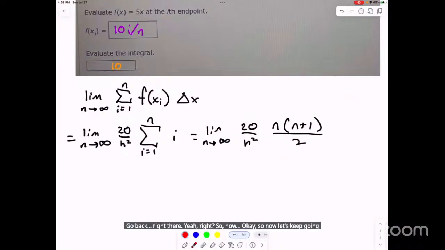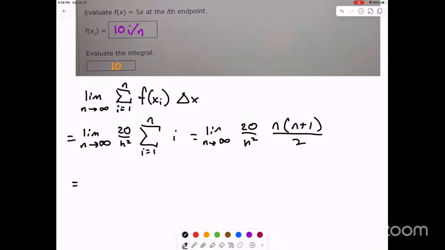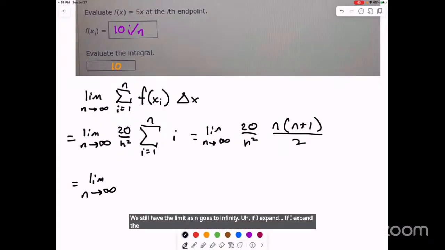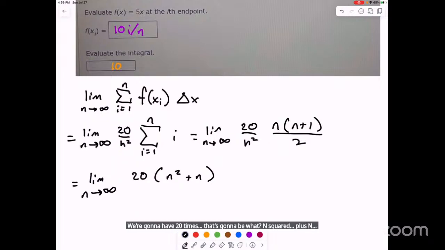So with that piece of information, we still have the limit as n goes to infinity. If I expand the top, we're going to have 20 times, it's going to be what? n squared plus n over 2n squared.